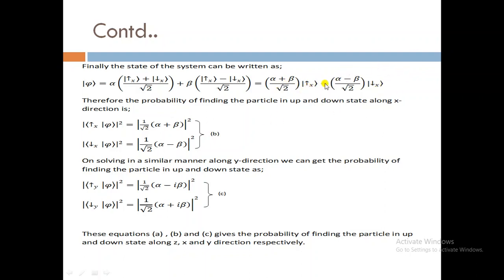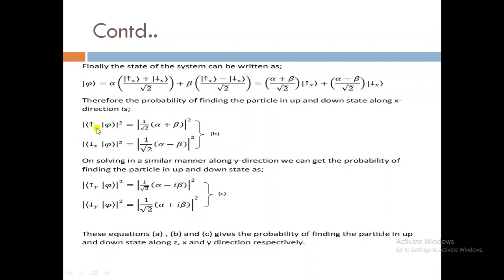So we can find the probability of finding the spin up state along the x direction. For that, what we have to do is ⟨↑x|ψ⟩ whole square, okay, because that will give the component, and the component square will give the probability.